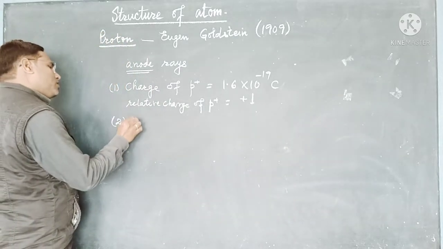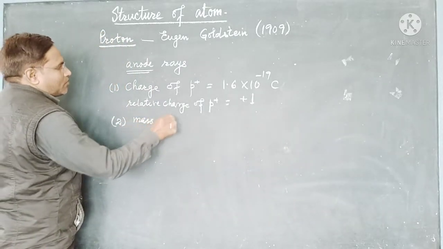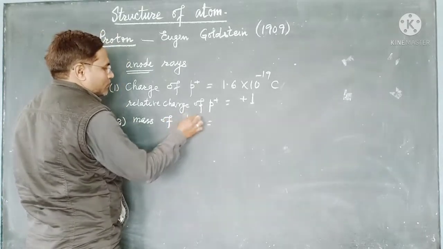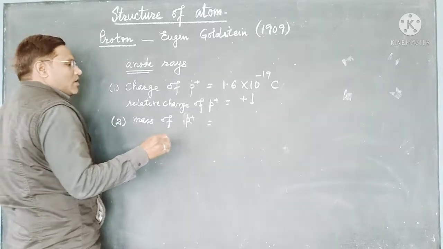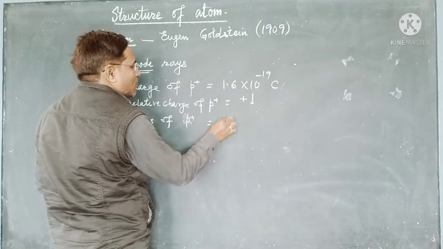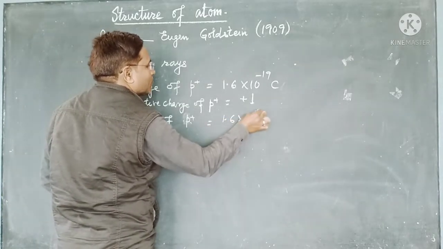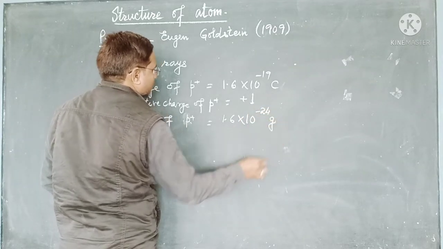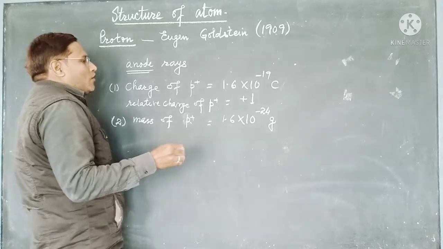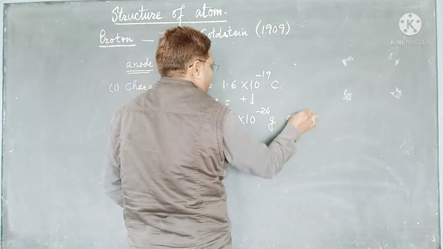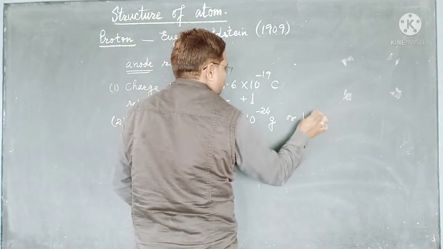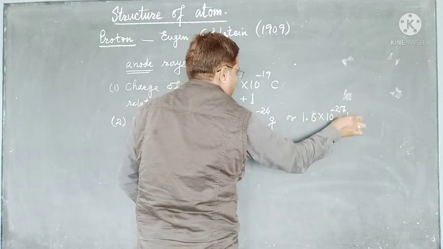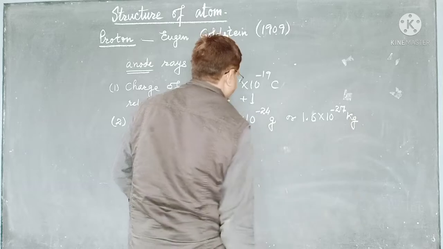When we talk about the mass of proton, then we will take this mass as 1.6 into 10 to the power minus 24 gram. If you take in terms of kg, it will be 1.6 into 10 to the power minus 27 kg.